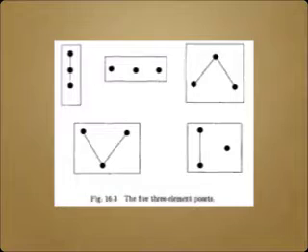It is easy to verify that up to isomorphism, there is one one-element poset, two two-element posets, and five three-element posets. The Hasse diagrams of the latter are shown in figure 16.3. The reader is invited to find all 16 four-element posets.